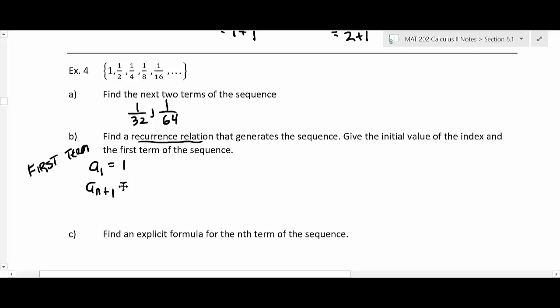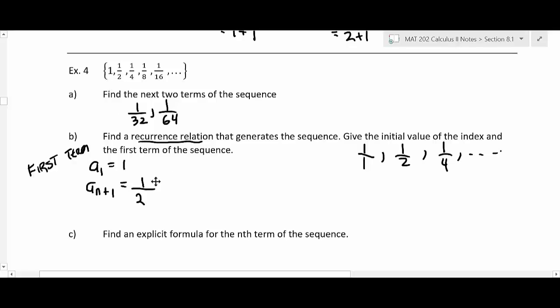Okay, so let's think about what's going on. Now, if you look at this problem, we got 1 over 1, 1 over 2, 1 over 4, and so forth. One thing that we got going on here, without a doubt, is 1 over something, right? We always have a 1 over something. But what's different is we have a half.